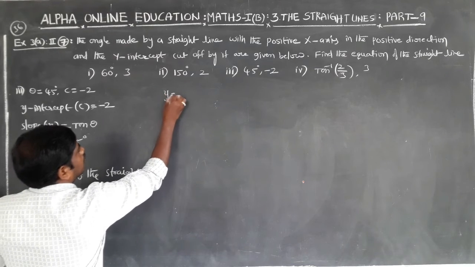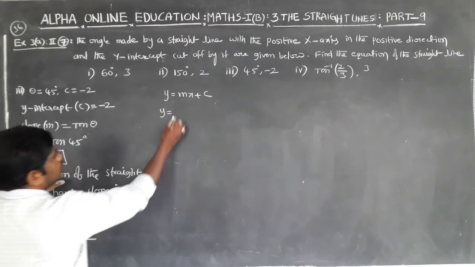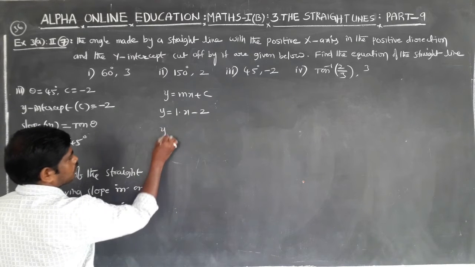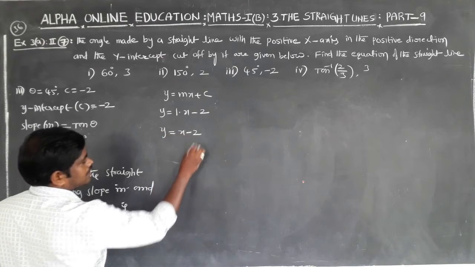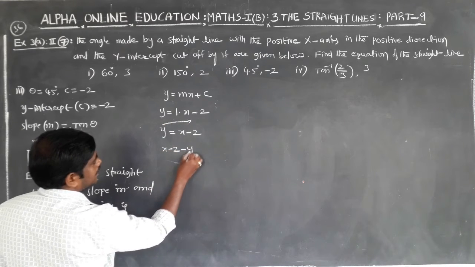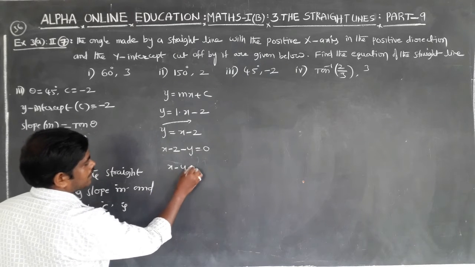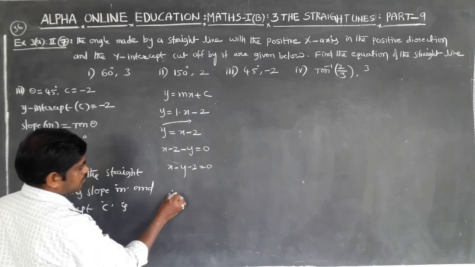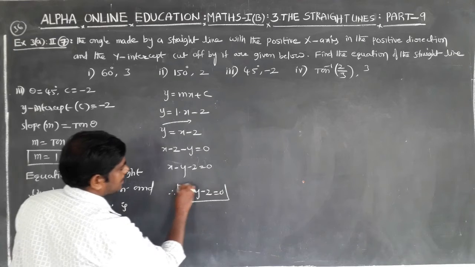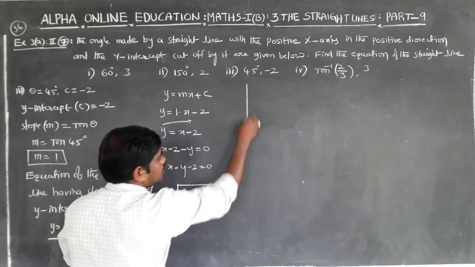Y is equal to 1 into x minus 2. Taking y right side, x minus 2 minus y is equal to 0. X minus y minus 2 is equal to 0. Therefore, equation of the straight line is x minus y minus 2 is equal to 0.